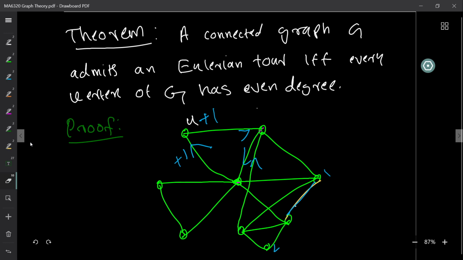So we are going to prove this by induction on the number of edges. So we start with a connected graph which is even.